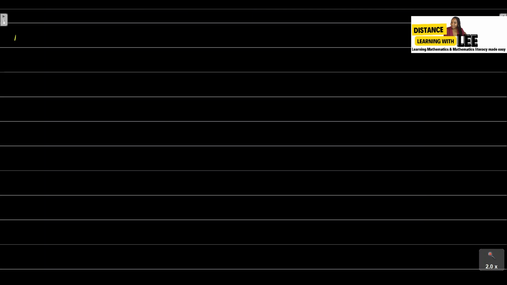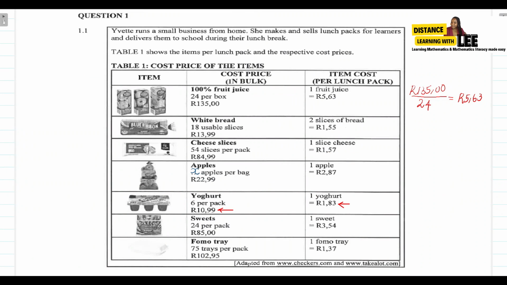So question 1.1.3: it's going to be the price of 1 fruit juice, plus the 2 slices of bread. We are told that the 2 slices of bread collectively cost 1 Rand and 55 cents.